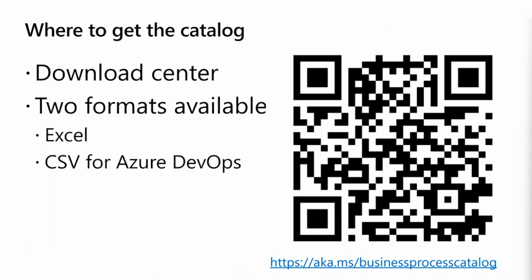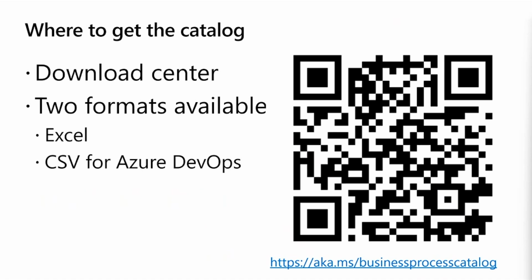And the files are now available in our download center. They used to be available, so if you accessed it before, it was in our GitHub repository. The GitHub repository is still there, and there's lots of things that will be stored there moving forward, but we moved the catalog to the download center so that we could monitor the number of downloads of those files.